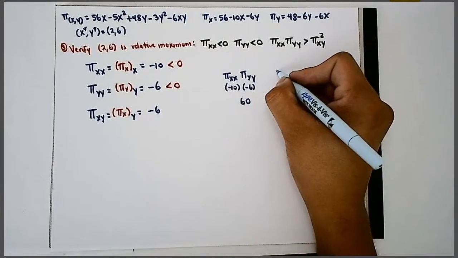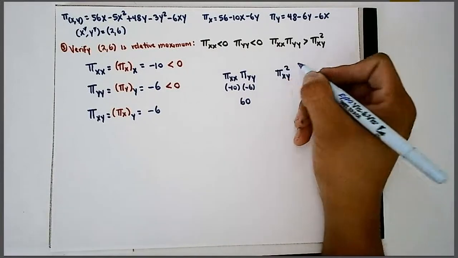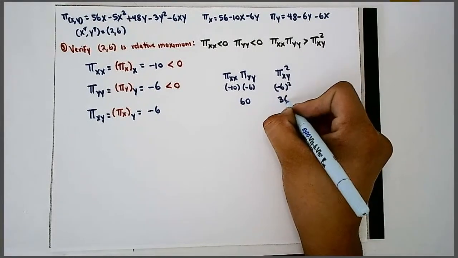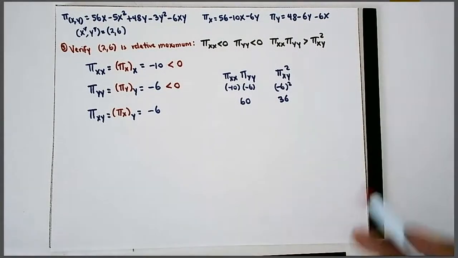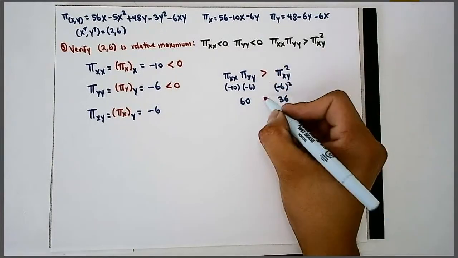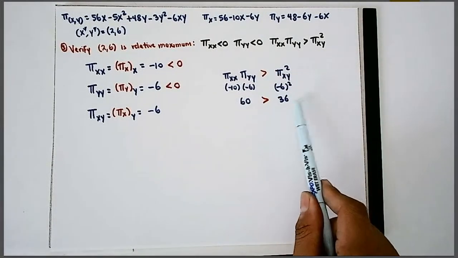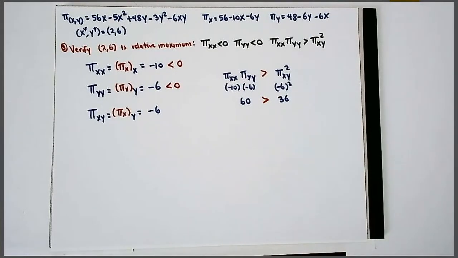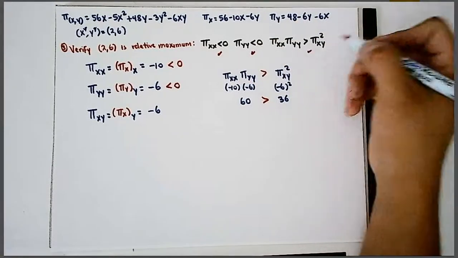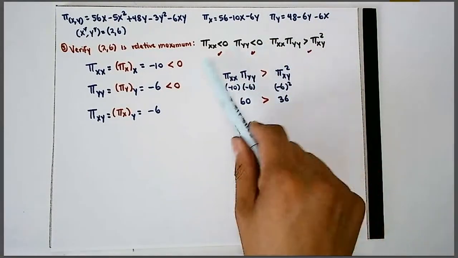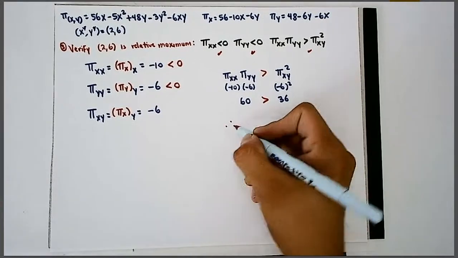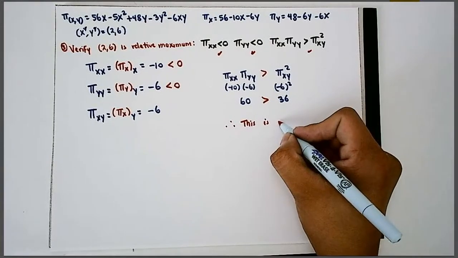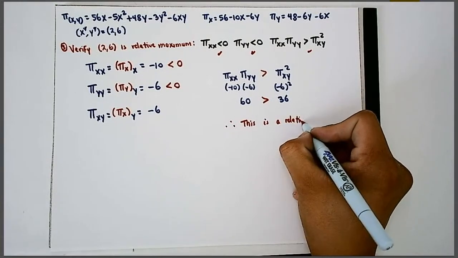And then on the other hand, we need to square the cross partial. So this is minus 6 squared, which is 36. Because 60 is greater than 36, our Hessian requirement is satisfied. And as you can see, we have the three requirements satisfied, which ensures that our point is a relative maximum.